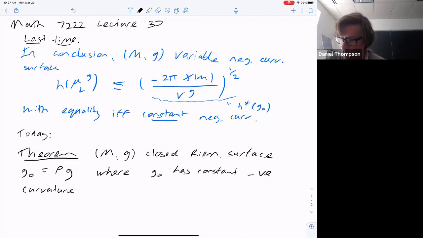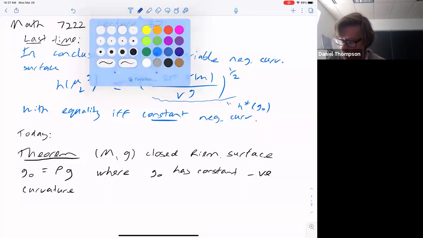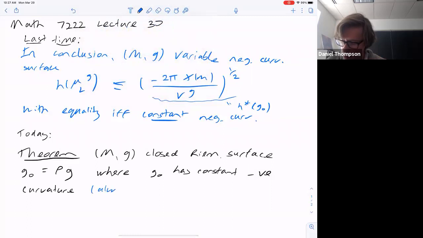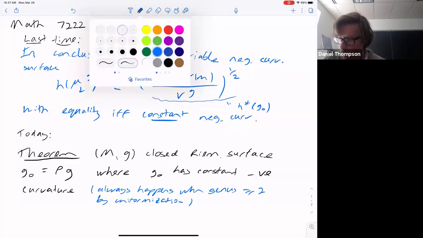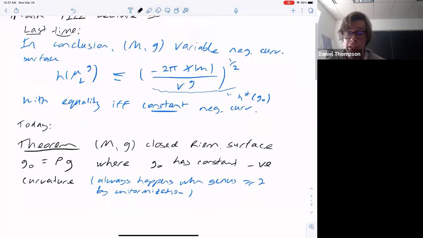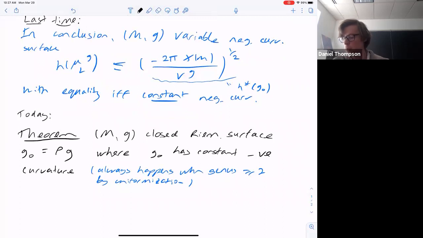And remember, this always happens when genus is greater than or equal to 2 by the uniformization theorem, right? But I just wanted to set up my notation as I'm going. Okay, so I'm assuming I'm on a surface with genus at least 2. That means I'm conformally equivalent to a constant negative curvature metric.